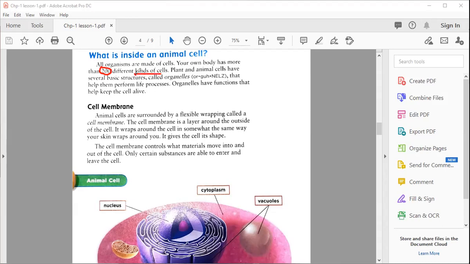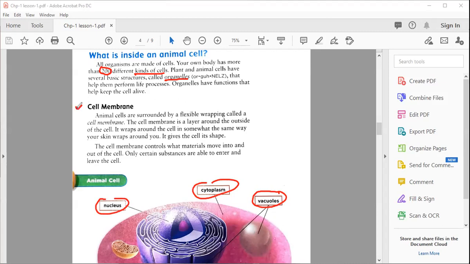Plant and animal cells have several basic structures called organelles. What do we call them? Organelles, like the vacuole present inside a cell. This is the cytoplasm, here the nucleus, cell membrane, vacuoles; these are all organelles.